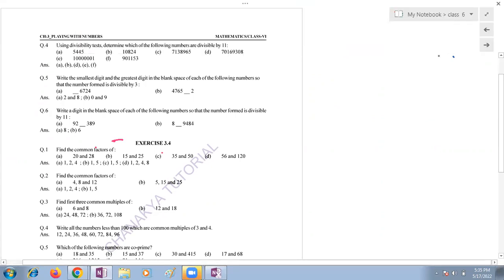See, children, the divisibility rule of 12. It can be expressed in different ways: 1 into 12, 2 into 6, 3 into 4. We are not going to consider 1 and the number itself, because it is a factor of every number.